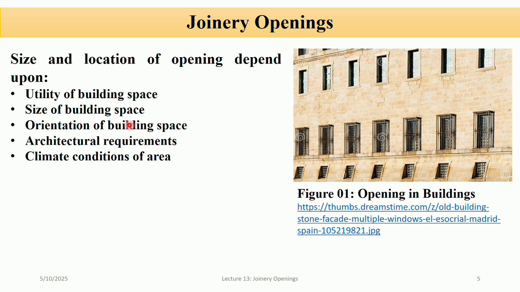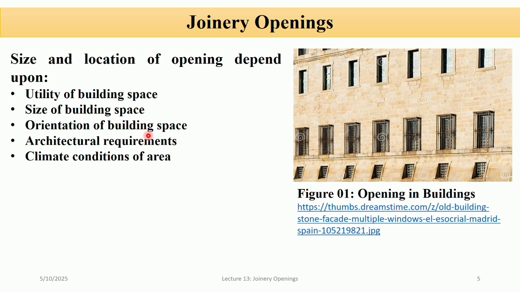Size of building space: a larger room needs larger or multiple openings to ensure adequate light and air distribution, while small spaces may need proportionally smaller windows or ventilators to maintain structural integrity and avoid poor exposure.